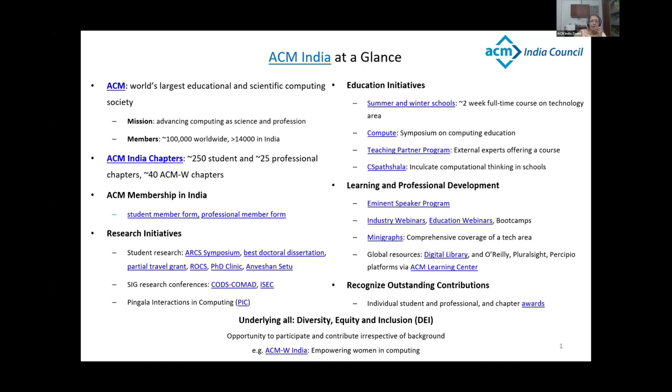Anveshan Setu is an initiative which gives an immersive experience at a particular institute for an extended period of time. Then there are SIG conferences: the ISEC conference in the area of software engineering from SIGSoft, and the COMAD-CODS conference in the area of data science. Then, for the first time this year, Pingala Interactions in Computing has been started.